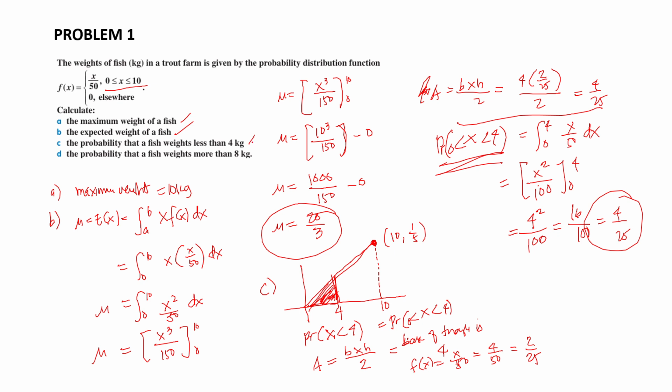The next one is the probability that a fish weighs more than 8 kilograms, so let us call it letter D. If we show that in illustration, here is the point (10, 1/5), going from 8 to 10.